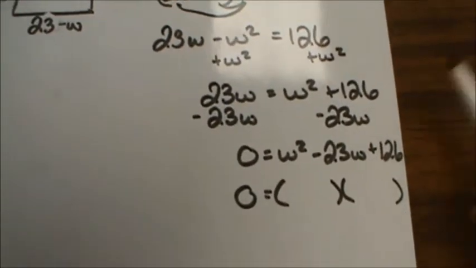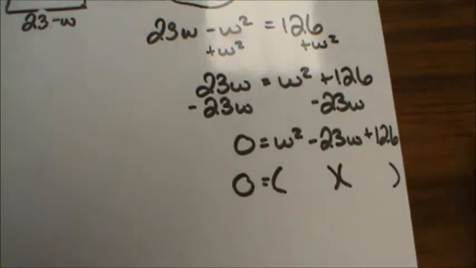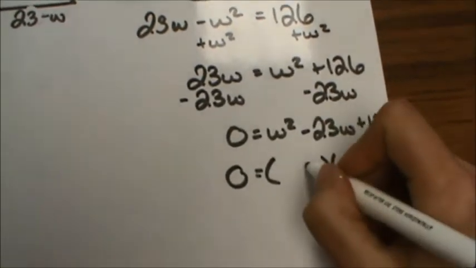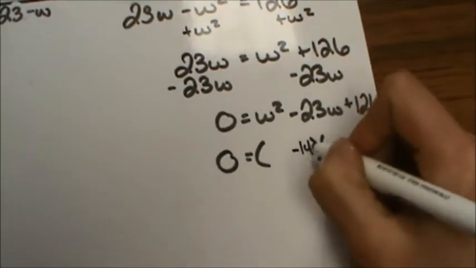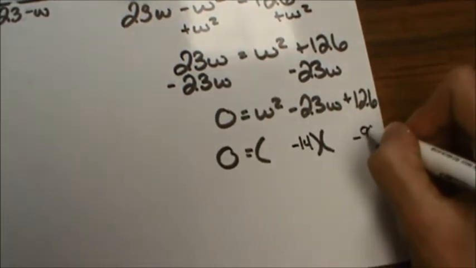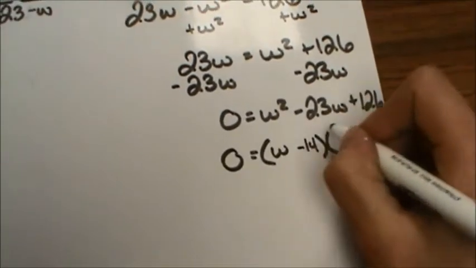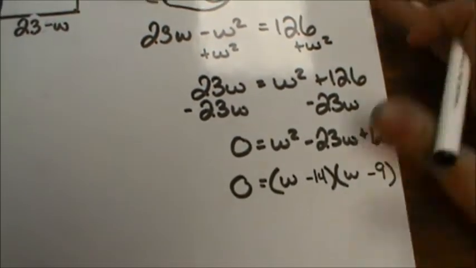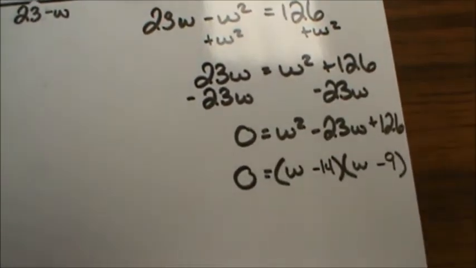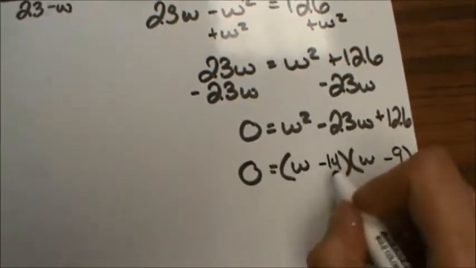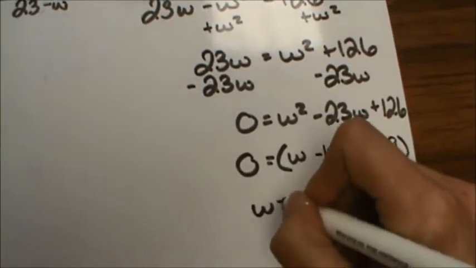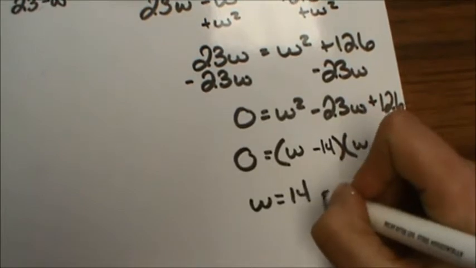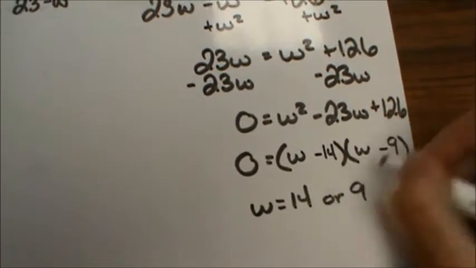The two numbers that multiply to be 126 and add to be negative 23 are negative 14 and negative 9. Therefore, when I solve this equation, I know that W will be positive 14 or positive 9.